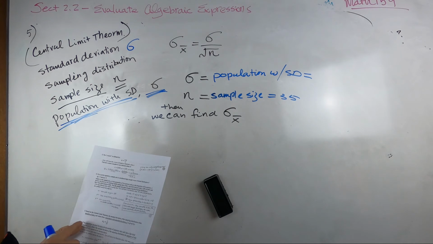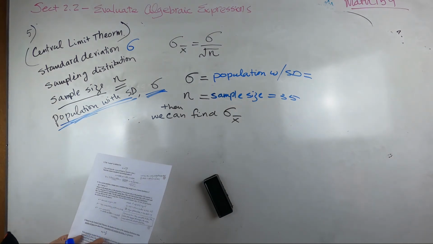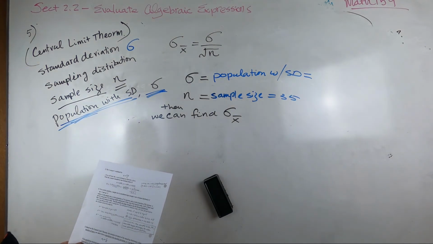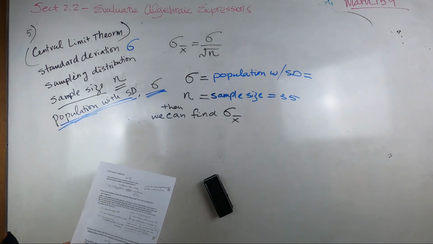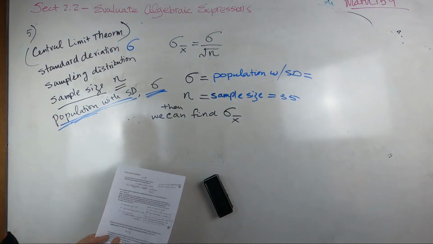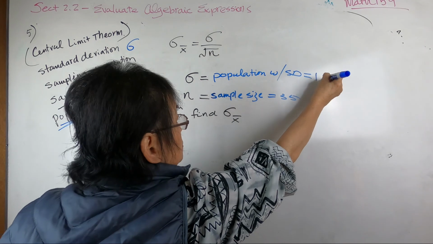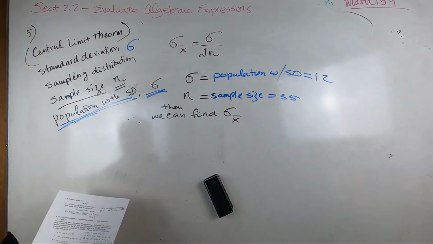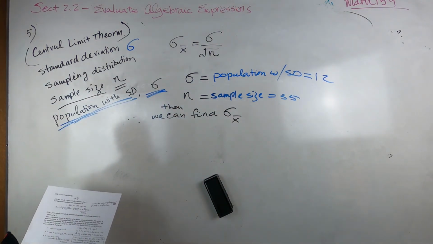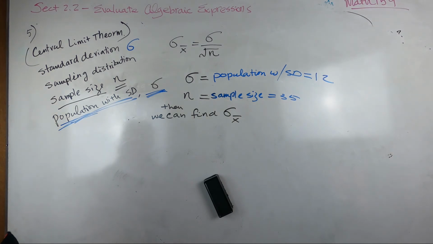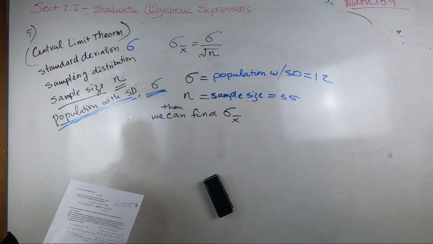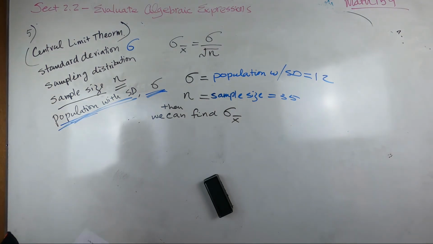It says if the population standard deviation for the number of customers who walk into a fast food restaurant is 12. So we are talking about the standard deviation for the population is 12. Which 12 is for what? The customers who walk into a fast food restaurant.